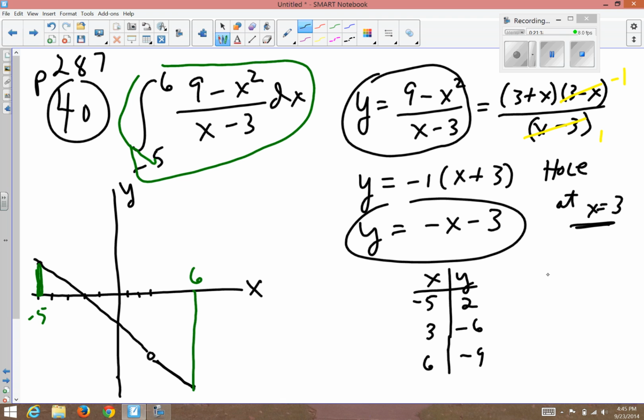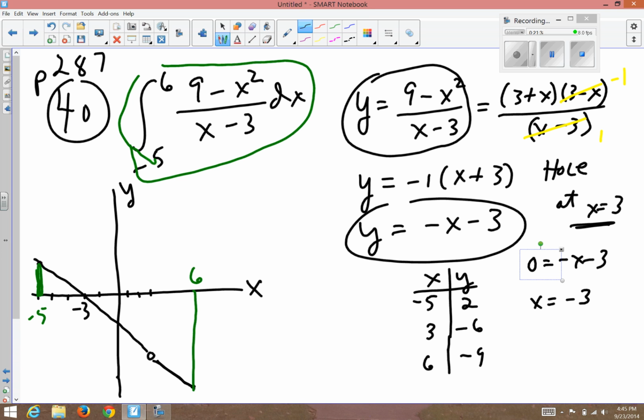It crosses the x-axis when y is 0, which would be when x is -3, so -(-3) is 3 minus 3. This might not be done to scale, but the numbers are correct.